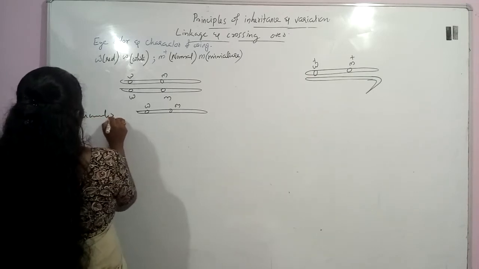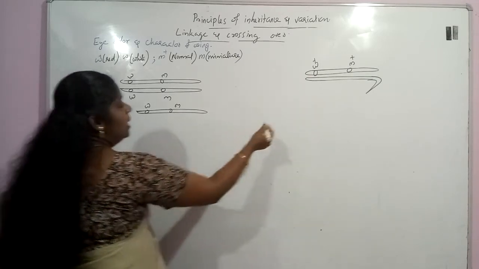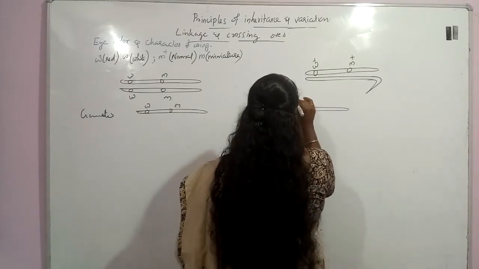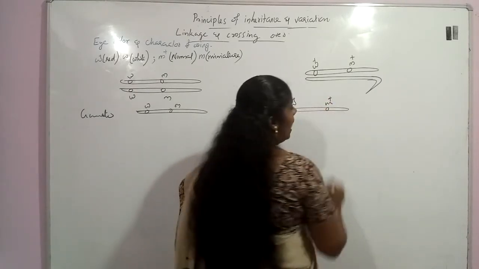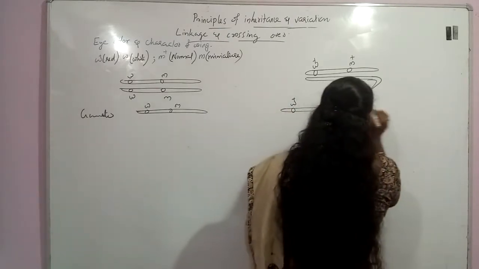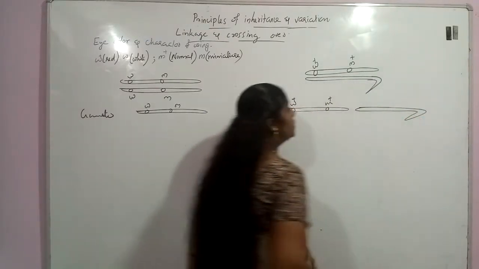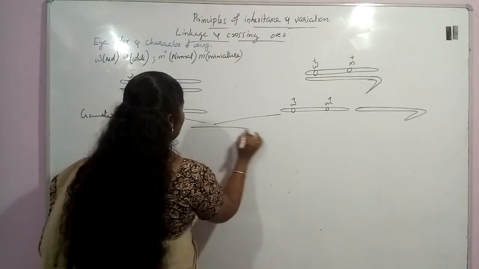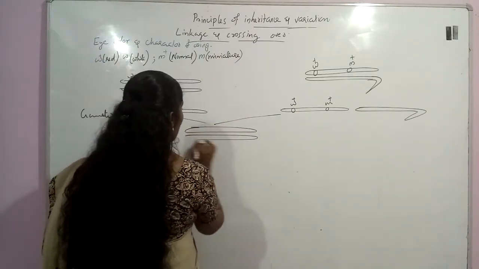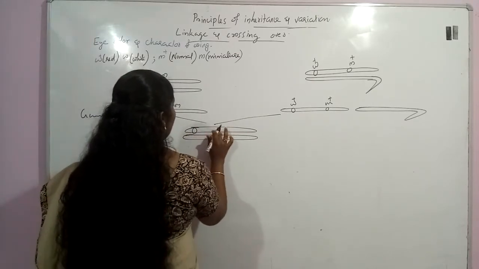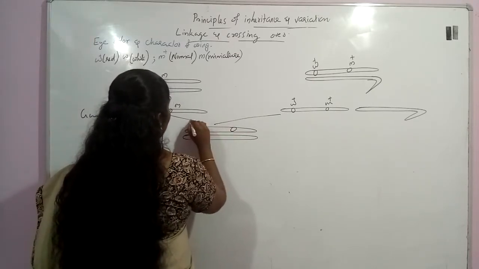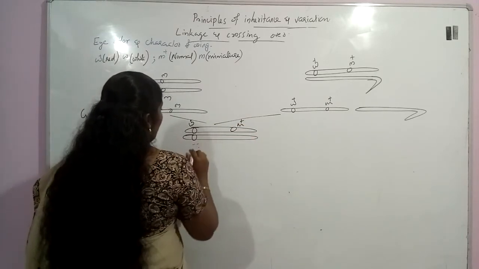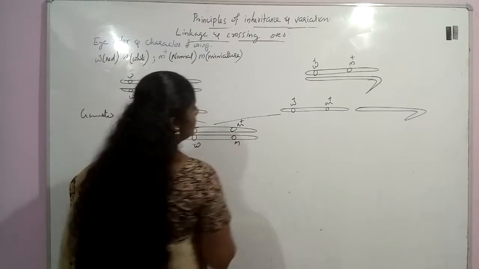The male produces two types of sperms, one with an X chromosome that contains W plus and M plus, representing the eye color and the wing character, and another sperm with the Y chromosome. When these join together, we get one combination of two X chromosomes, one with W plus M plus and another with WM, which represents the heterozygous female.